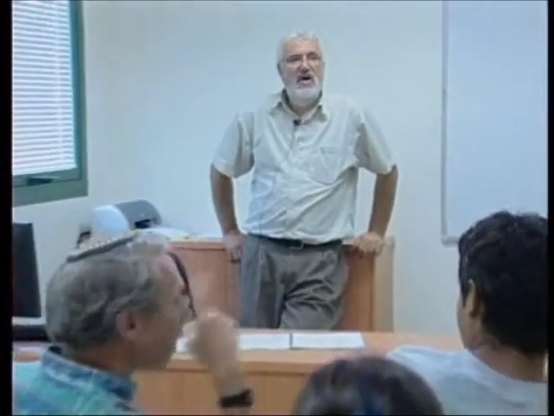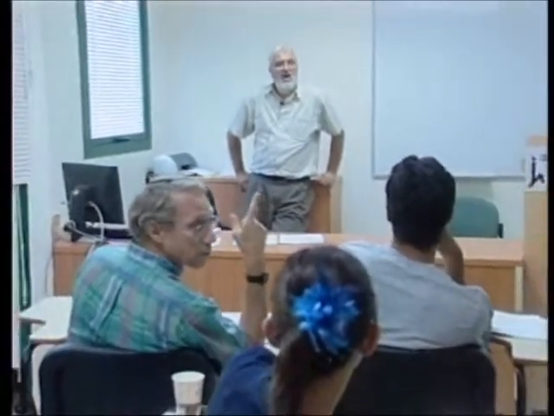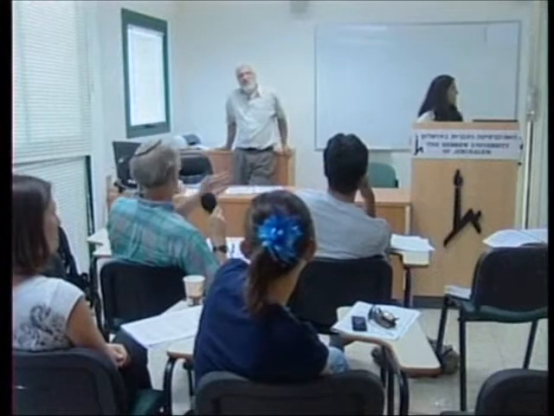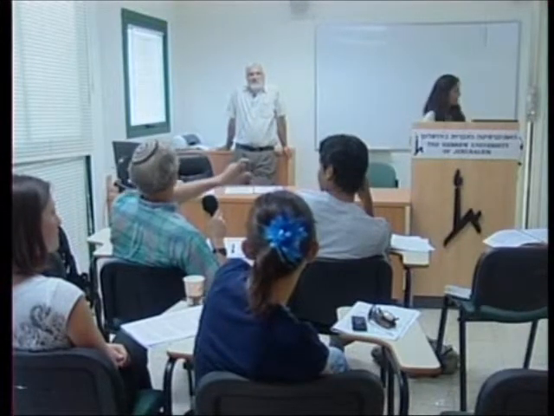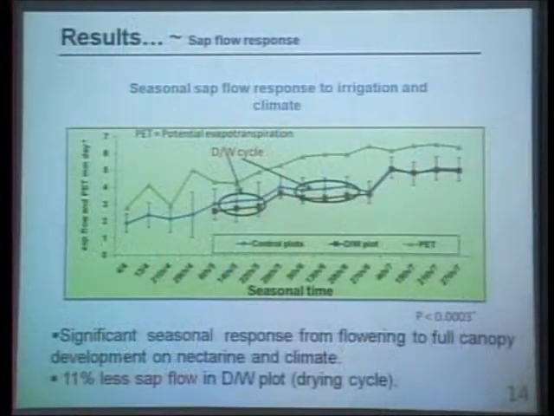Yes, but I think in this case, we're talking about a method that was calibrated already. We have a calibration, and you should look at the standard errors in the graph, right? On some of the figures, let's say on the seasonal course, you have the error bars, which are standard error. If you know the standard error, plus or minus one standard error, that means 2 standard errors is the confidence interval of 95% for the mean.